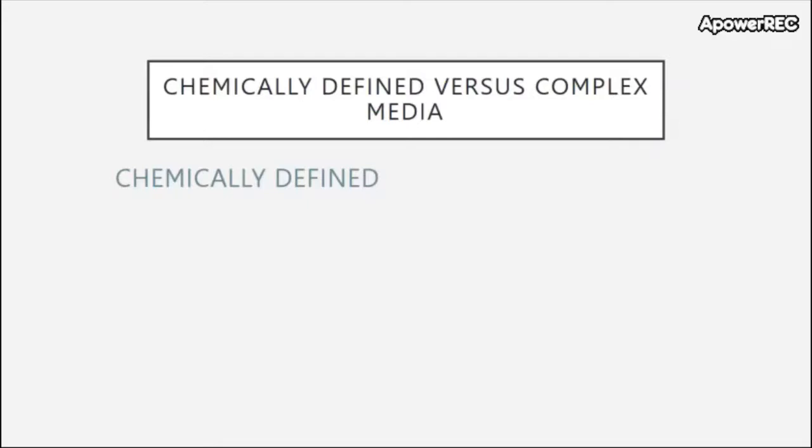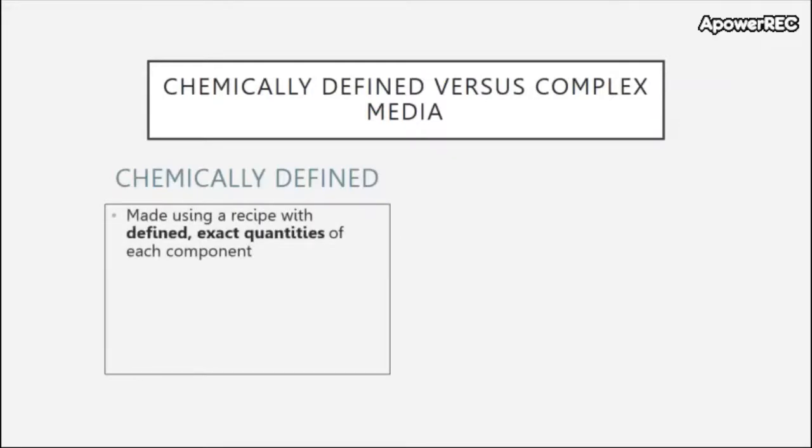There are 2 types of media, which is determined by the type of nutrients that are used in them. One of them is a chemically defined media, and this uses a recipe with defined and exact quantities of each component. So in order to have very precise and exact quantities, this would lack any animal source unpurified ingredients.